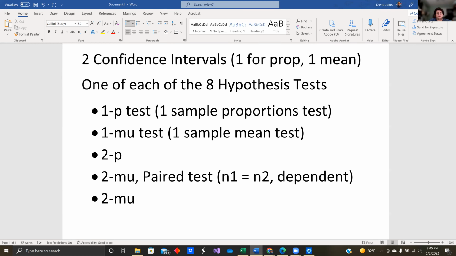Then we had our 2 mu tests where the groups were independent, and there was no restriction on group sizes. They could equal each other, but they didn't have to.